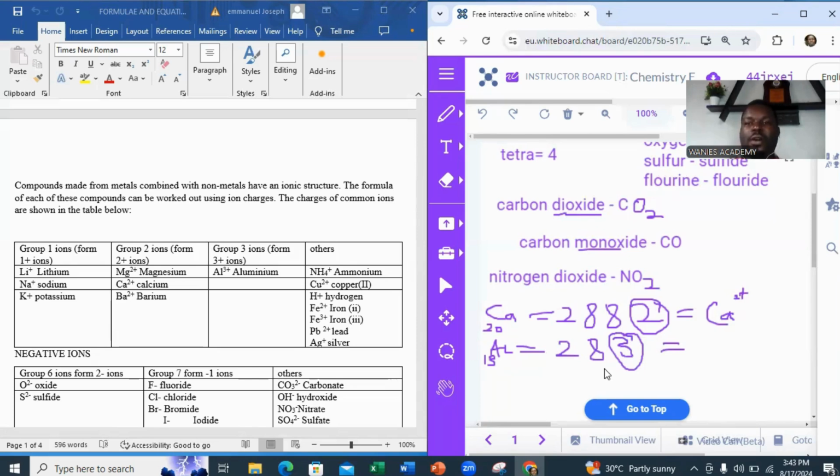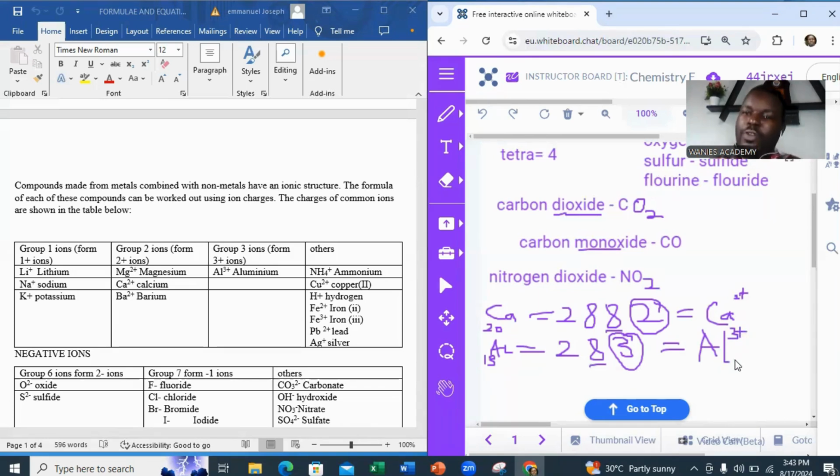For atoms to achieve stability, they have to get the noble gas electron configuration. So that's why we make sure they end at 8 here. So the aluminium ion will be expressed as Al3+, 3 indicating 3 outer electrons, and also group 3.